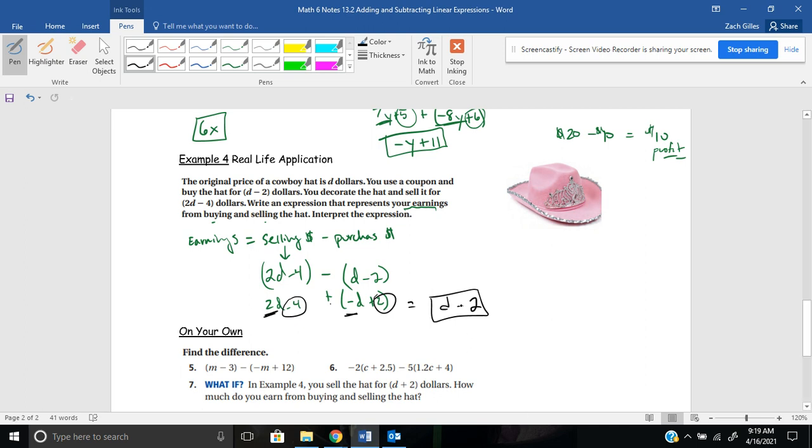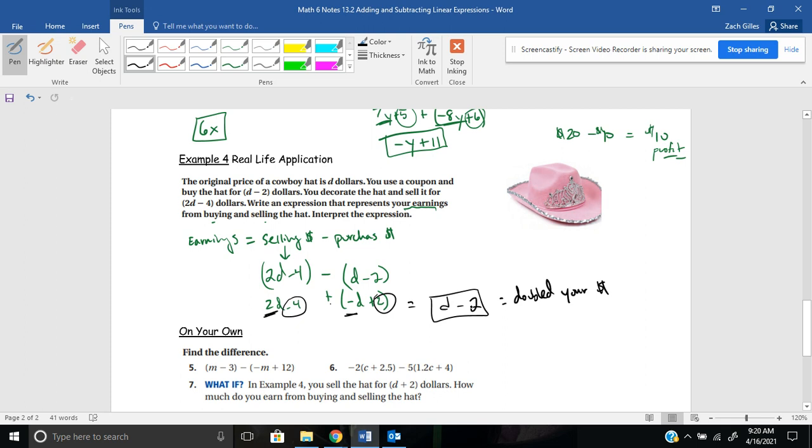That's what you earn. Well, if you paid this for it and you earned this much money, you doubled your money by selling the hat for twice as much as you paid for it. So you doubled your money. Okay, and that might be a little confusing, but remember, this isn't what you're selling it for.